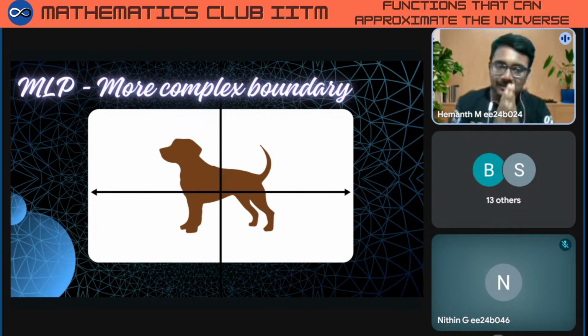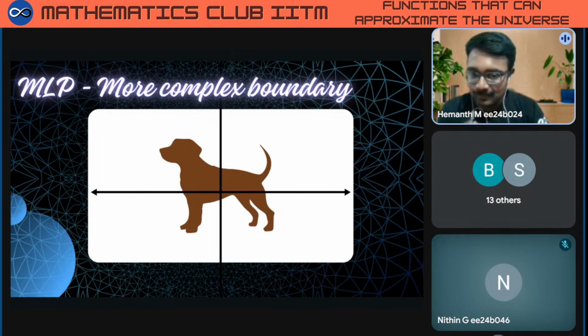Theoretically, you can model this to arbitrary precision because you can take any number of perceptrons you want. But practically, it is difficult to implement, which we'll resolve later on. But ideally, at least theoretically, we can model this to arbitrary precision. So this gives rise to the idea that we can model any complex decision boundary using multi-layer perceptrons.